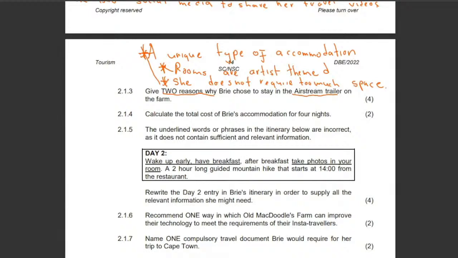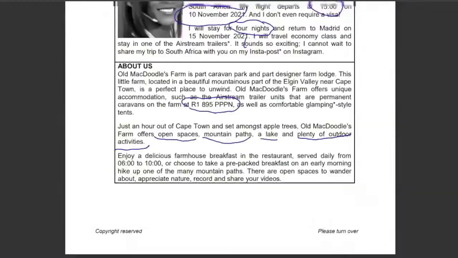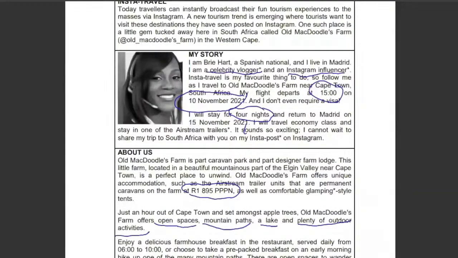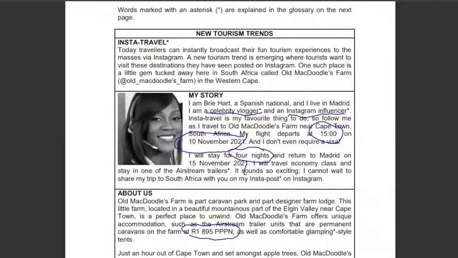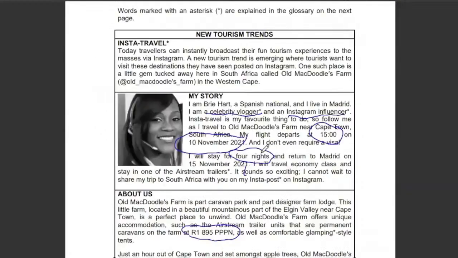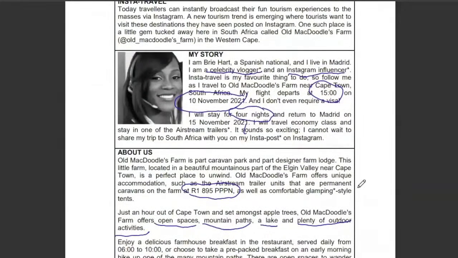Now let's get to the calculation. Calculate the total cost of Bree's accommodation for 4 nights. In order for us to calculate the total cost, we need to find out the cost of the trailer per night. So let's go back to our scenario.